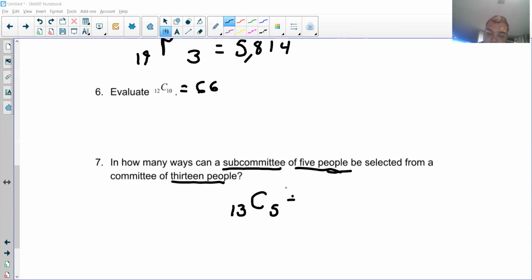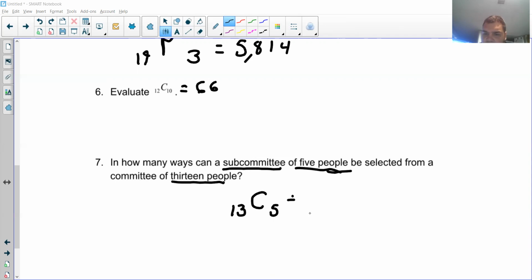So 13 times 12 times 11 times 10 times 9, divided by 5 factorial.